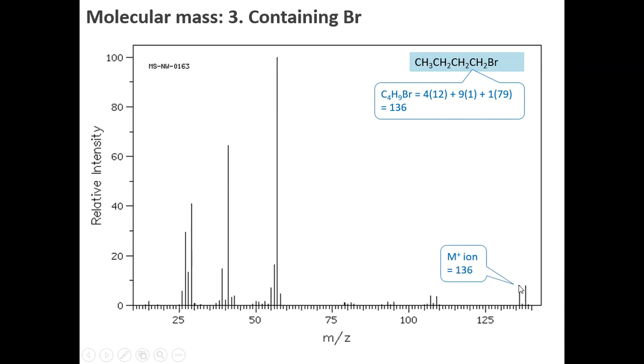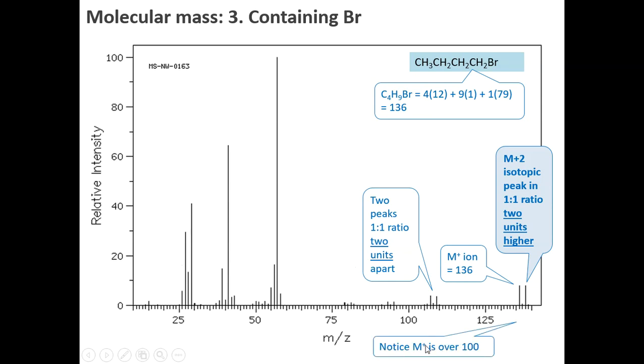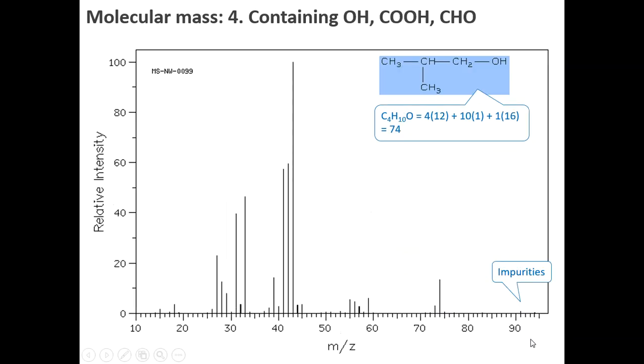So this is our molecular ion peak, and this one over here at 138 is our isotopic peak. You can see these fragments also contain bromine, and those don't. Another reason why those won't is that anything containing bromine must have quite a high mass, because bromine itself has a very high mass.